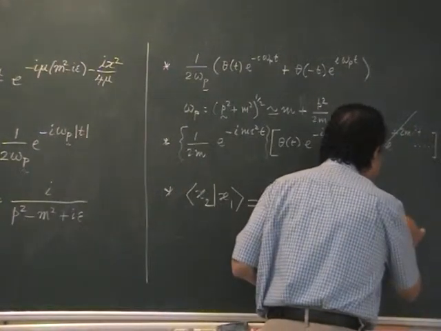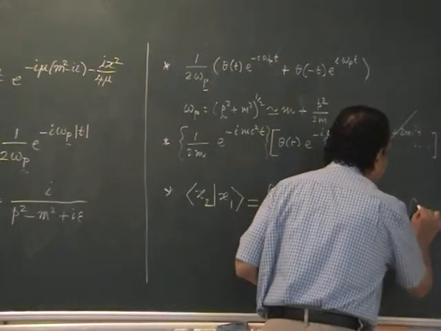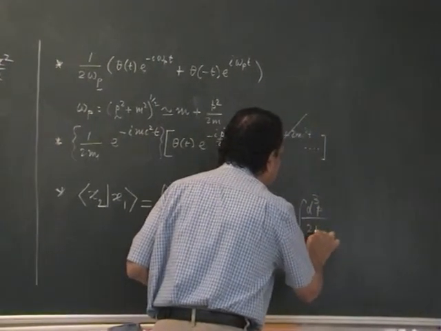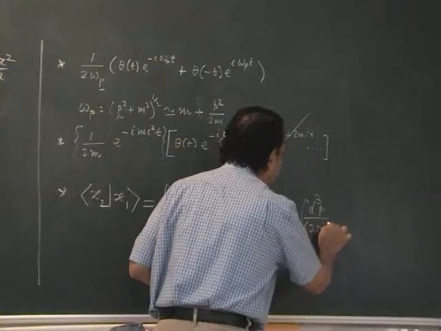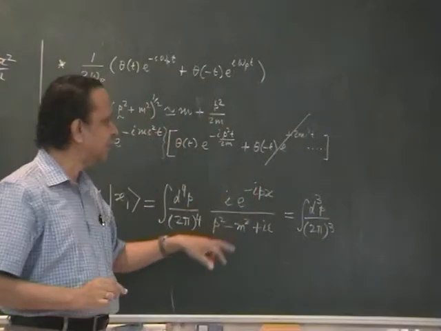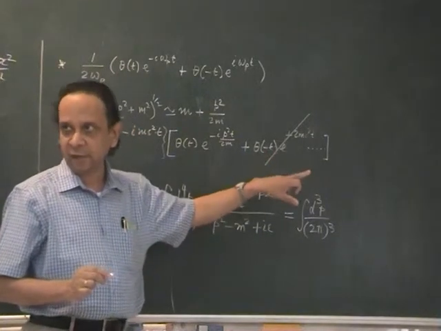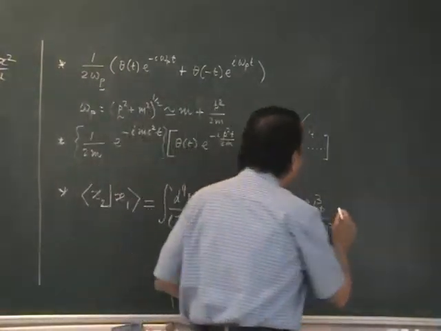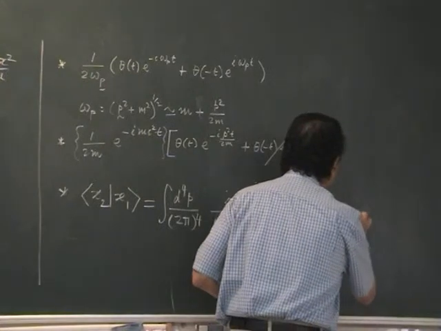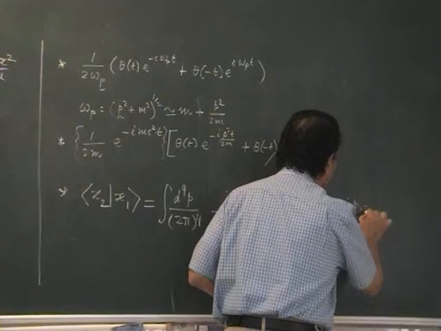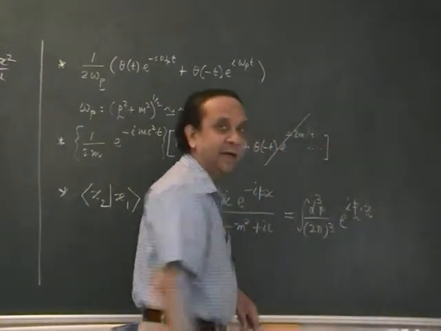I keep the d3p as it is. So there is a d3p over 2 pi cubed, and in this px is p naught x naught minus p dot x. So I retain that e to the i p dot x out. This part is fine.